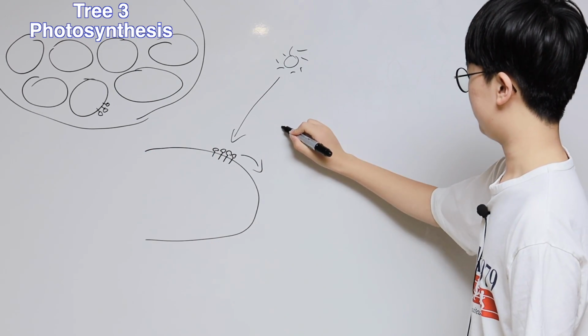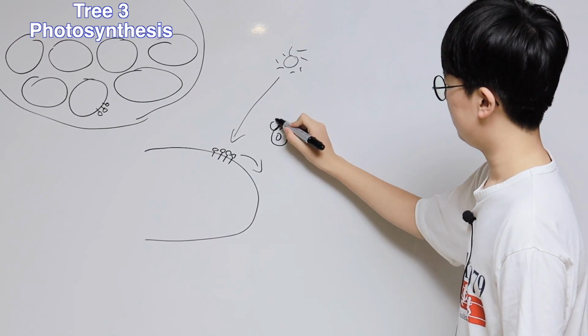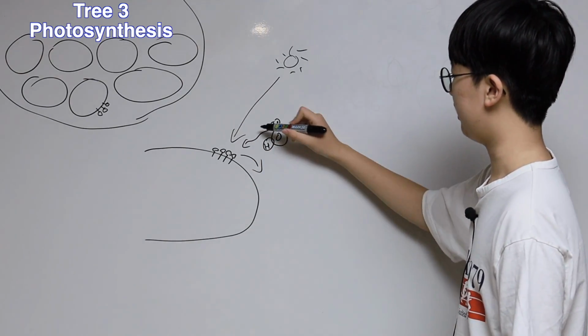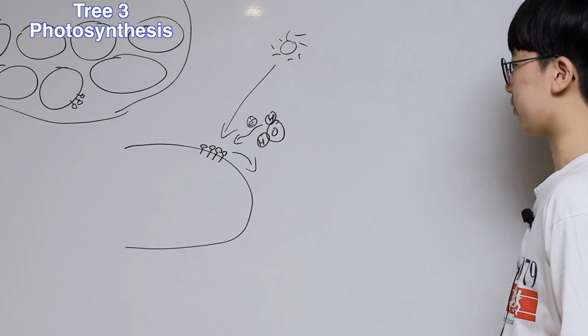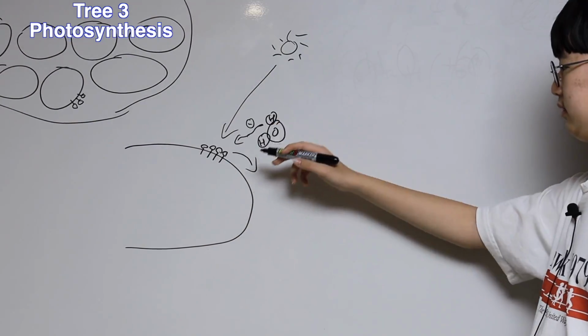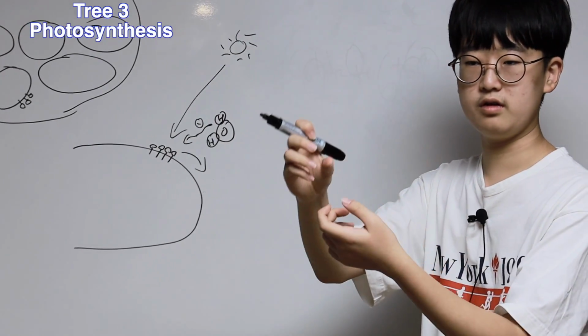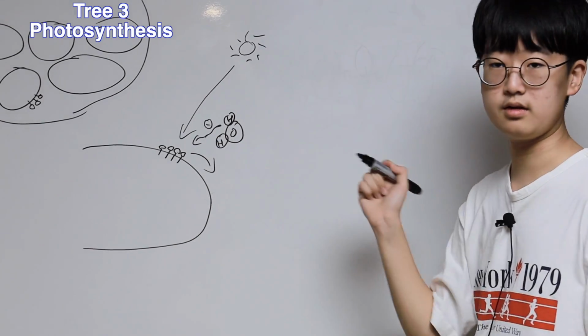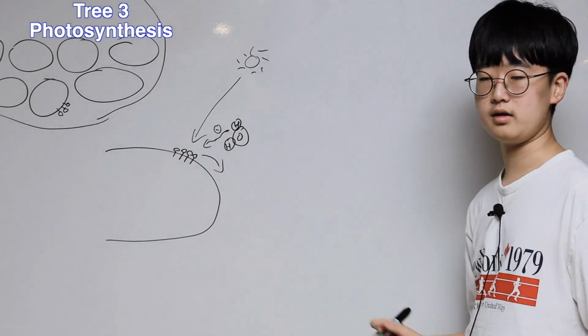So let's draw one over here. So one electron goes in there. Well, if one chlorophyll loses an electron, one electron goes into that chlorophyll from water.